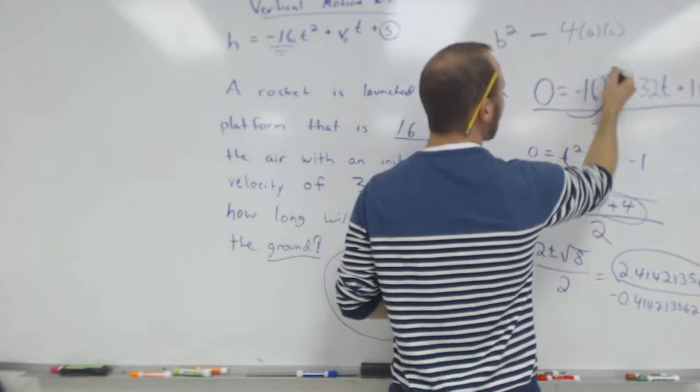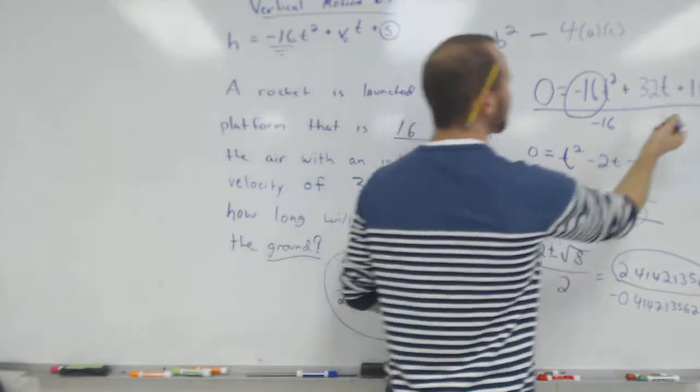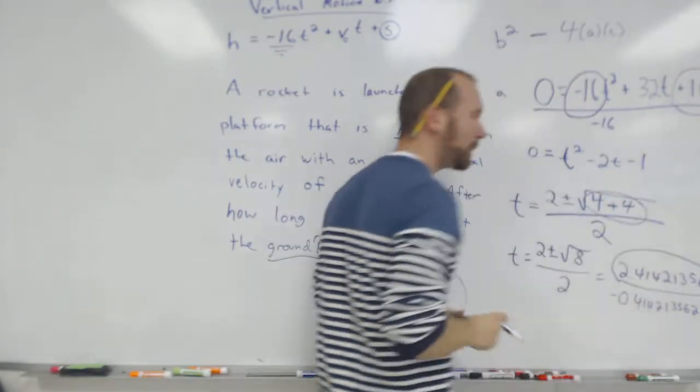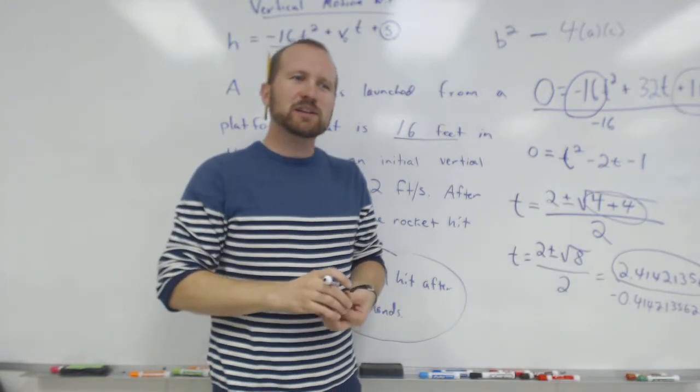Since a is always negative in these problems, you have to start underground. Yeah, the c would have to be a negative number. Which doesn't really make sense. No, it does, if you start underground.